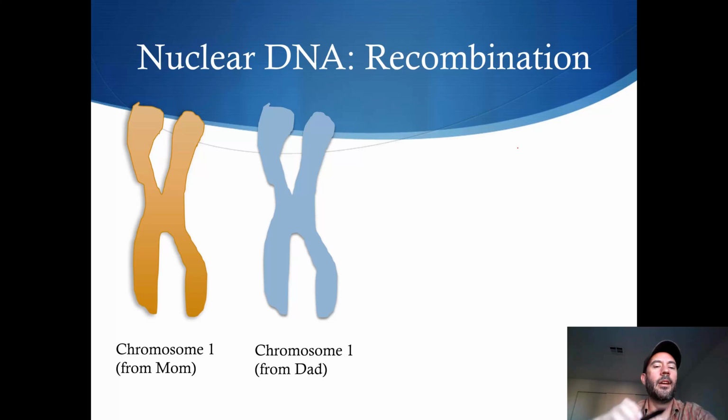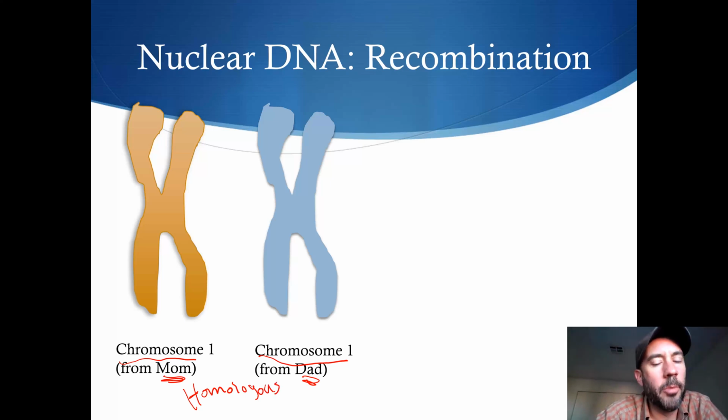So let's say here on the left, you have chromosome 1 from mom. Now, you'll notice this is in the X shape because the DNA has replicated, okay? And here you have chromosome 1 from dad. So these are homologous chromosomes, meaning they're both chromosome 1.